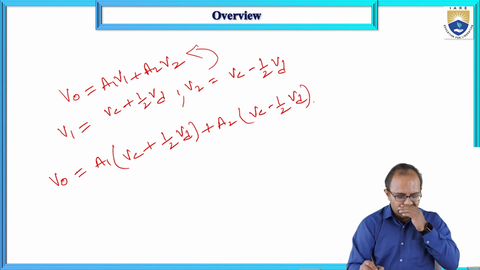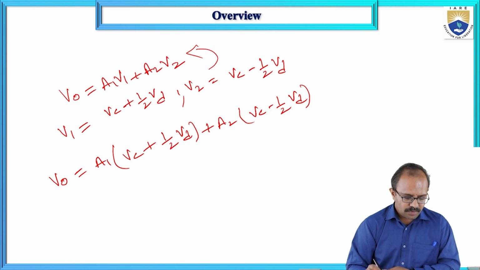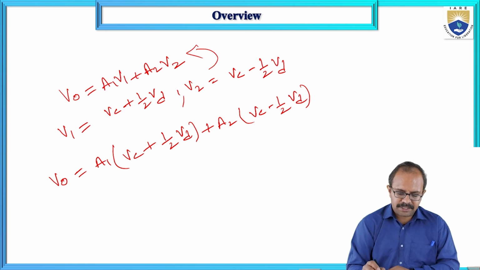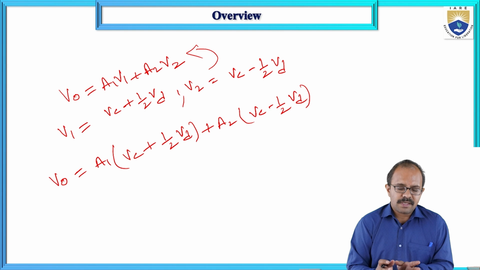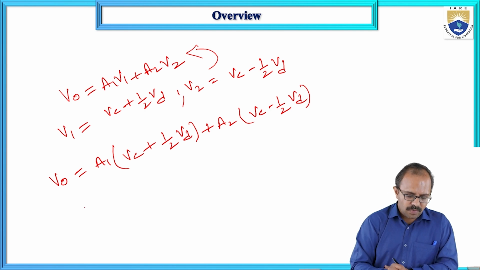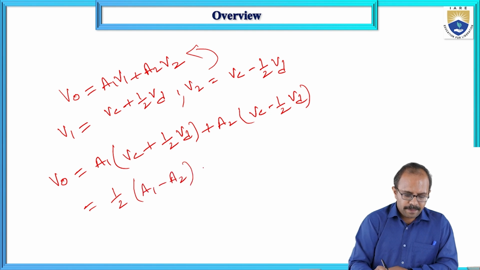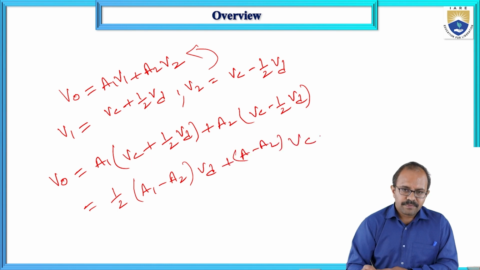So this is what we are getting for V0 now. If you simplify this expression, because there are some common terms, we get 1 by 2 into A1 minus A2 into Vd plus A1 plus A2 into Vc.